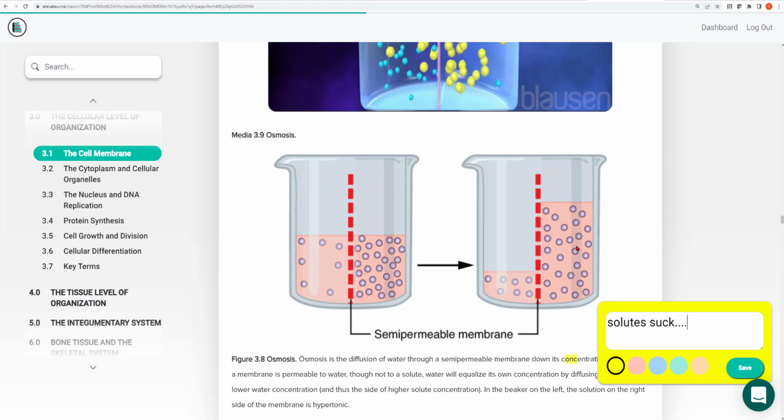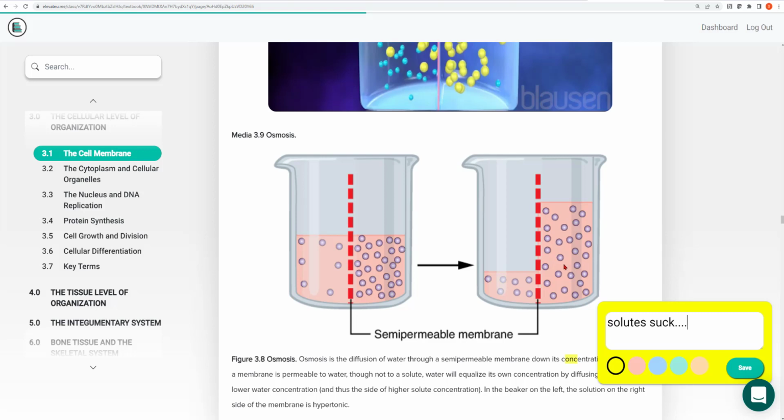So these protein molecules, these purple molecules, are called solutes. They are the things dissolved in the water. And look what happened, right? The greater number of solutes sucked the water over to the side where there's more solutes. So solutes suck is a way to remember which way the water is going to go.